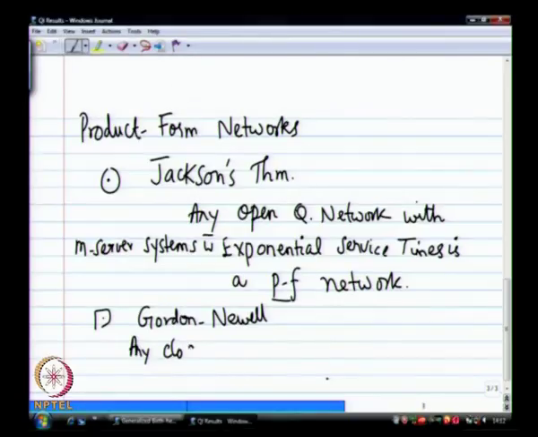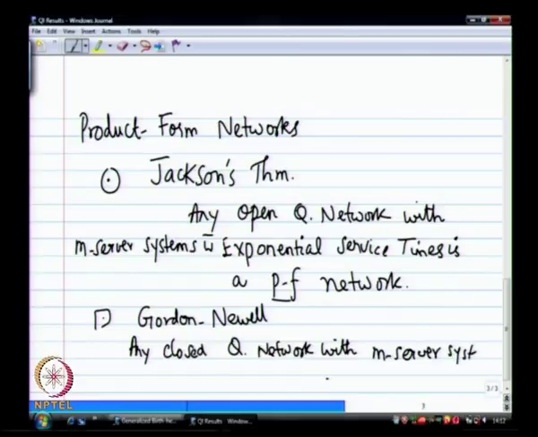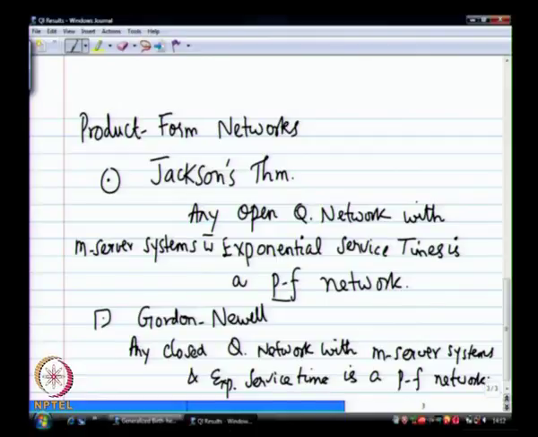So here they showed that a closed queuing network of M server systems and exponential service time is also a product form network. So this is the second result.